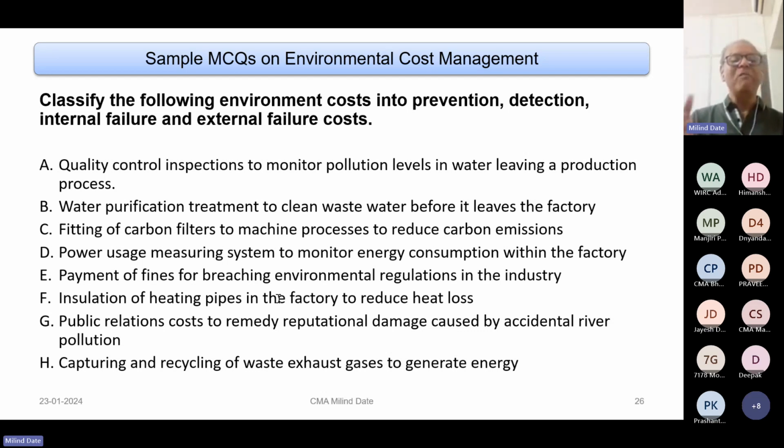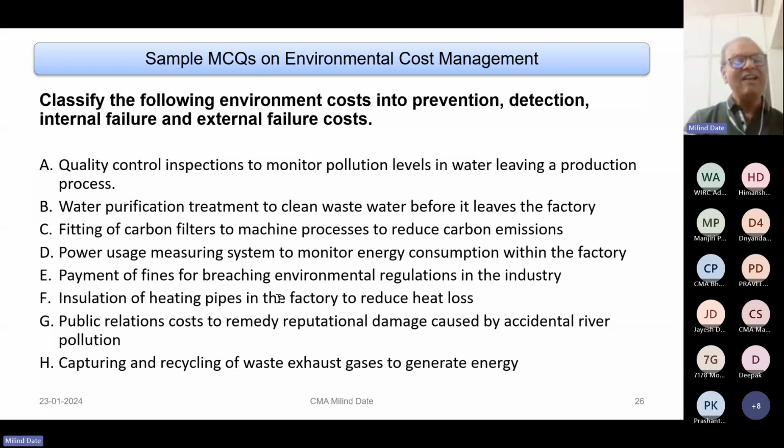You are not going to measure how much wastewater you have created, so it's neither detection, it's a rectification, because you have failed to keep wastewater to zero. So you introduce water purification, but you make sure that the water is clean before it leaves factory. So it's internalized measure, internal failure cost.